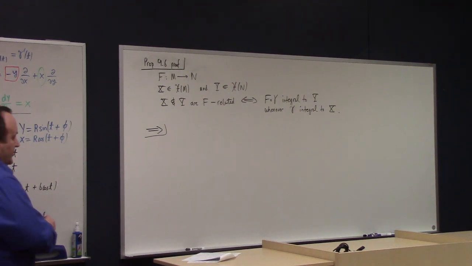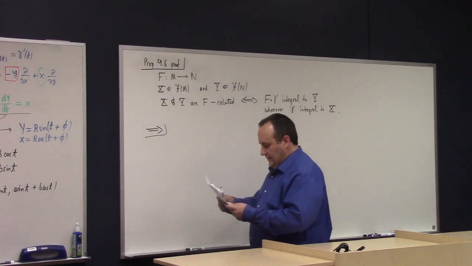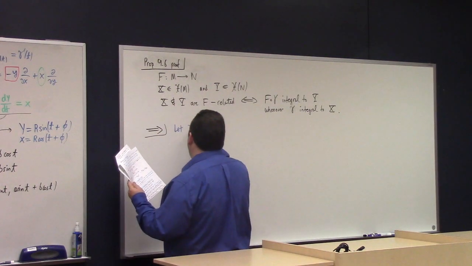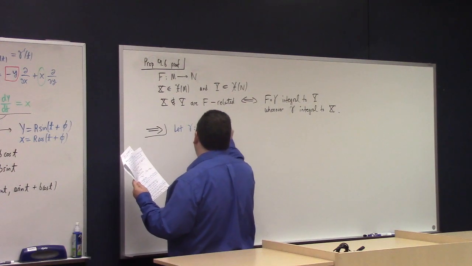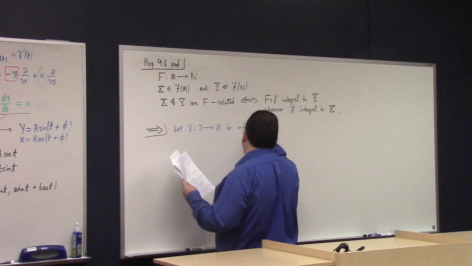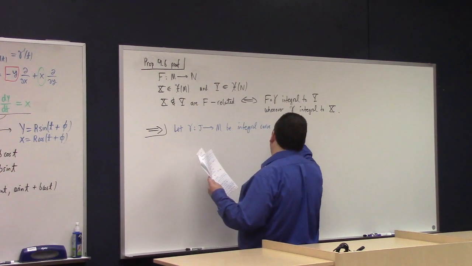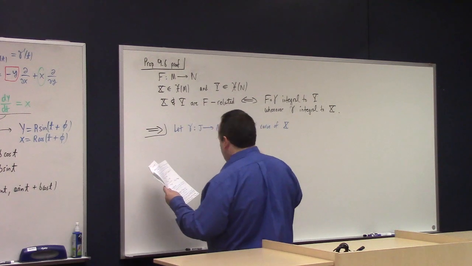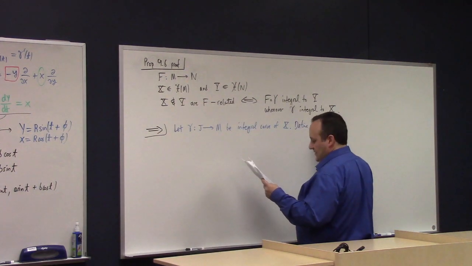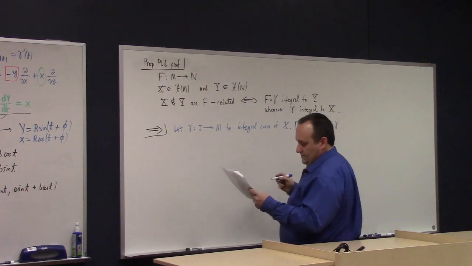So we're assuming X and Y are smooth vector fields, F is a smooth map, and we're also going to let gamma from J to M be an integral curve of X. And we'll define sigma equal to the composite of f with gamma.